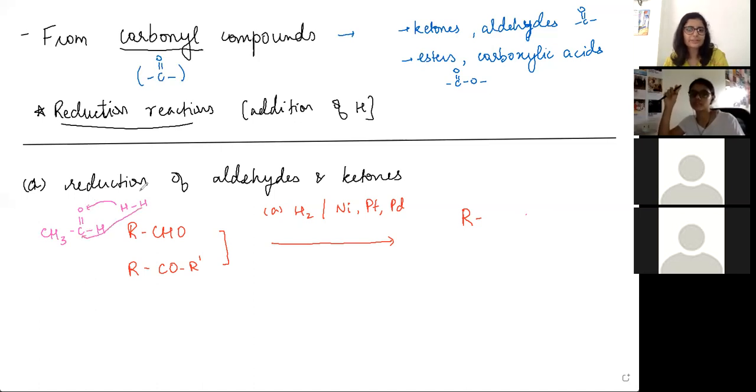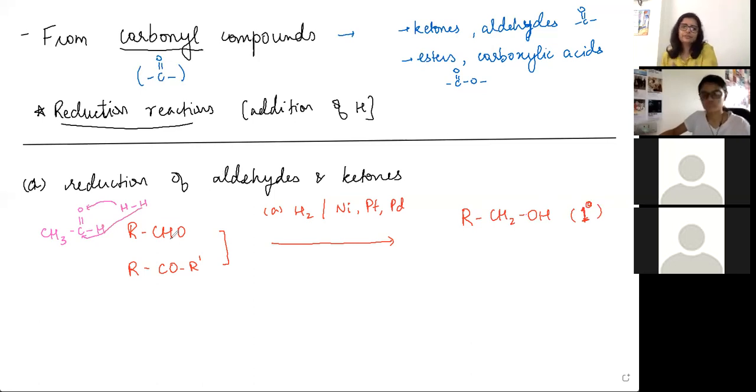So it'll become CH2OH. Correct. So you get RCH2OH, a primary alcohol. Aldehydes always give you primary alcohol because aldehydes are found at the end of the chain, so there's no other carbon atom that this C is bonded to.